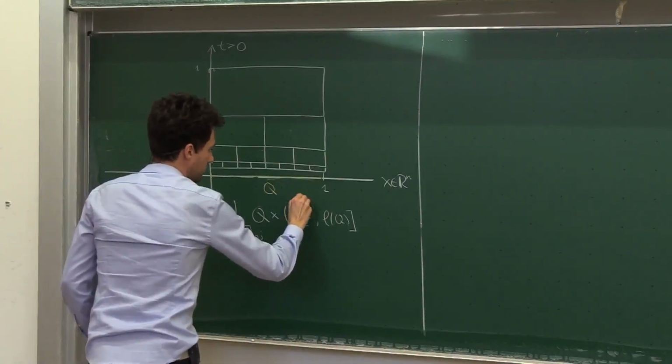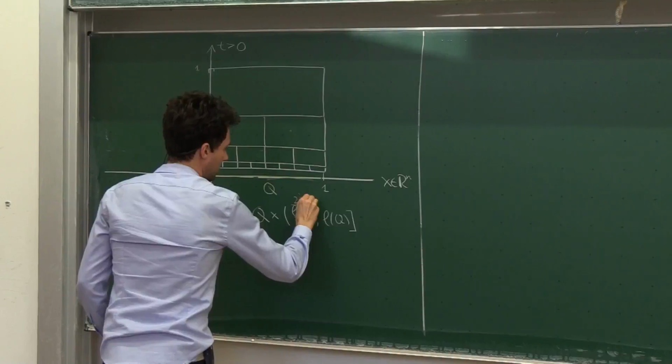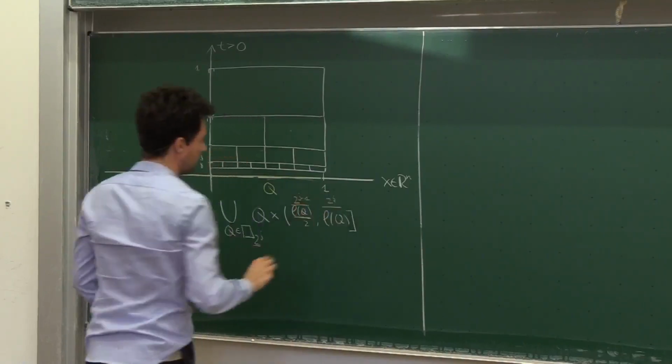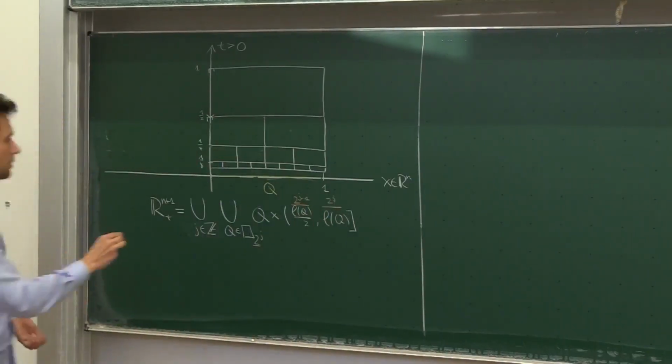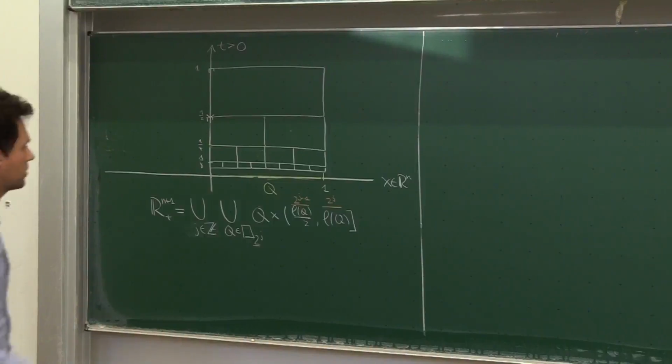This is 2^{j-1}, and this is 2^j. Okay, and these boxes here, I'm going to call Whitney boxes.